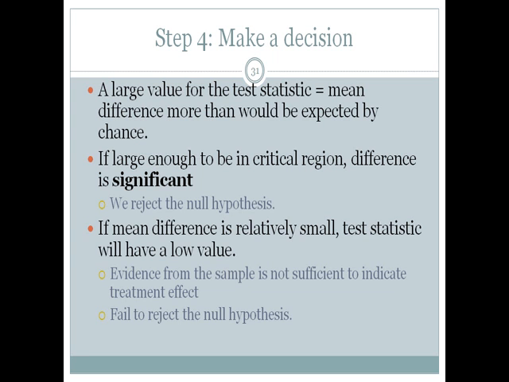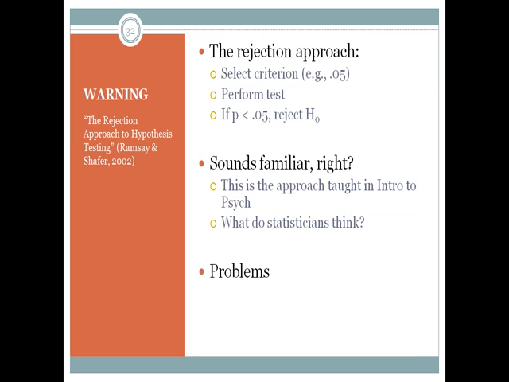So, this rejection approach that we've been talking about: we select a criterion, we perform a test, and if the probability of obtaining that result is less than 0.05, we reject the null hypothesis. This is the technique that we're talking about in this lecture. That's why it sounds so familiar.